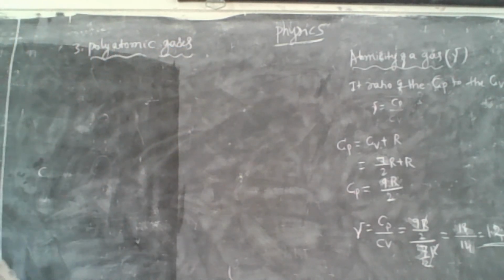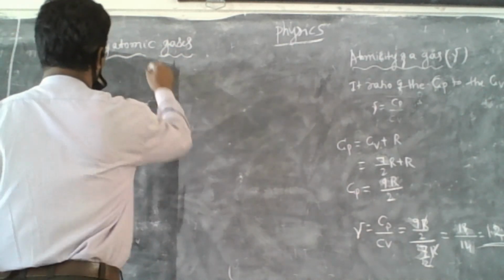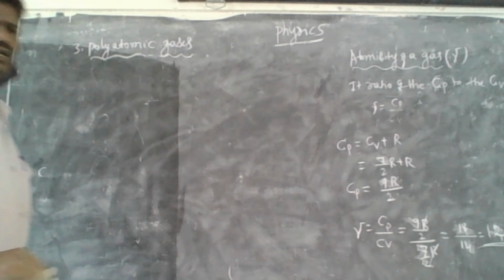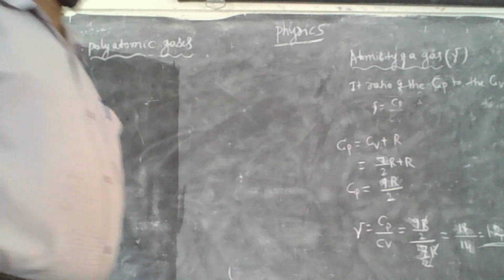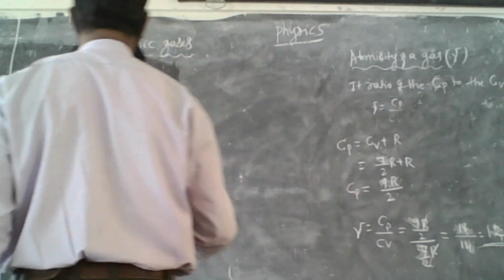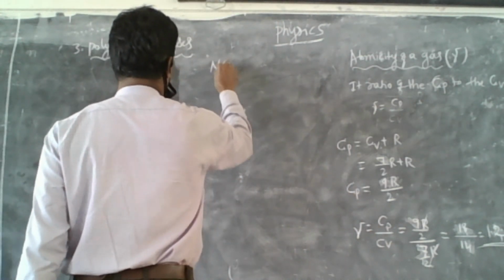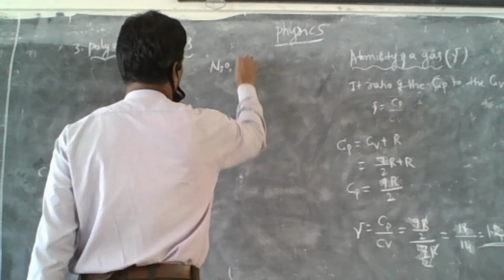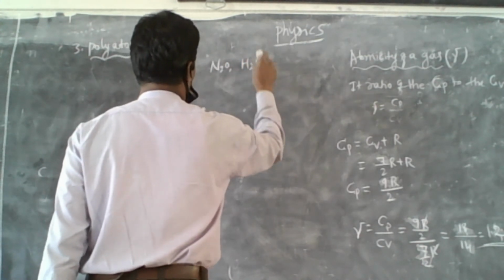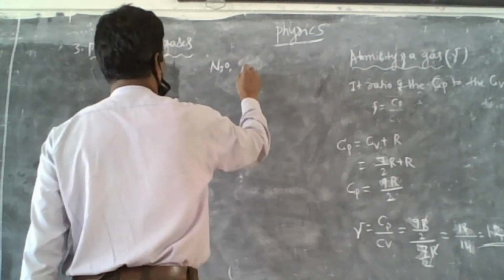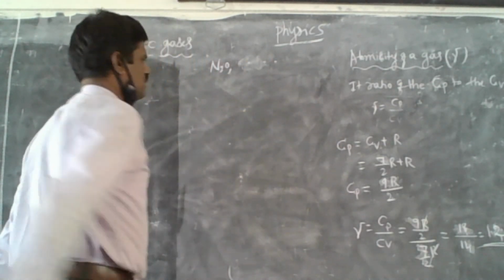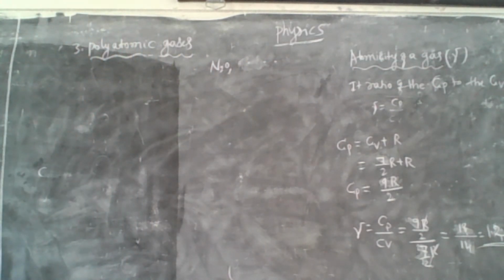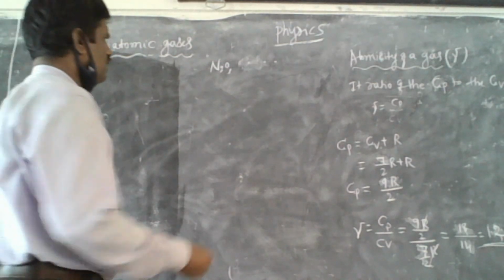Polyatomic gases. Atomicity of polyatomic gases. Here the polyatomic gases, that means triatomic molecules like N2O, H2O, are triatomic molecules totally.